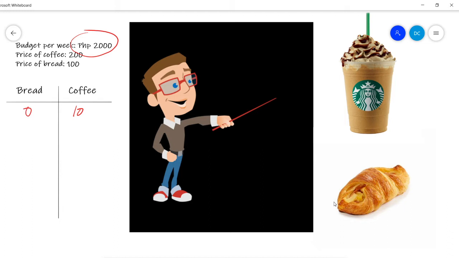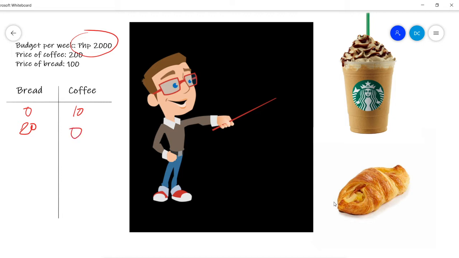Ngayon, kung ubusin ko naman yung pera ko to buy breads, sa 2,000 pesos, ilan yung mabibili kong ham and cheese Danish? Kung 100 pesos ang isa, I can buy 20. Ang dami. Yes, 20. Busog-busog. Pero yun nga lang, pag 20 yung binili ko, I can no longer buy myself any cups of coffee.